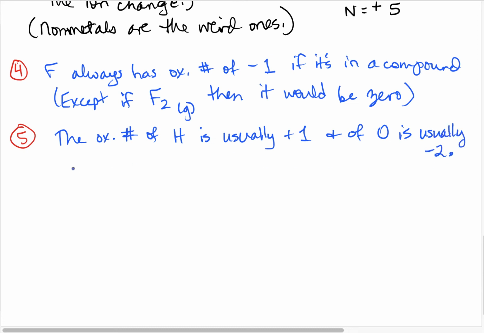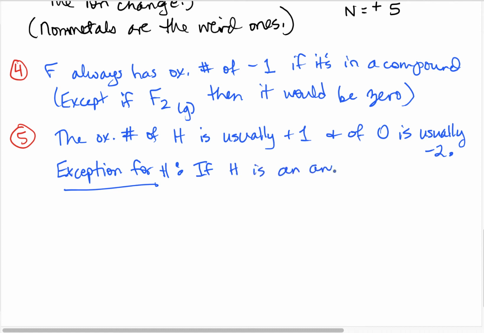We have exceptions. The exception for hydrogen is pretty straightforward. If hydrogen is acting as an anion in an ionic compound, then it will be -1.